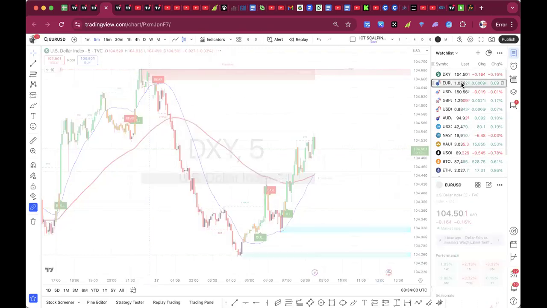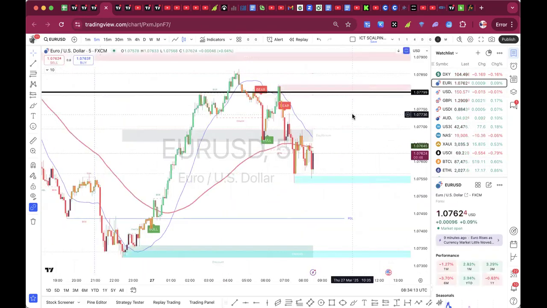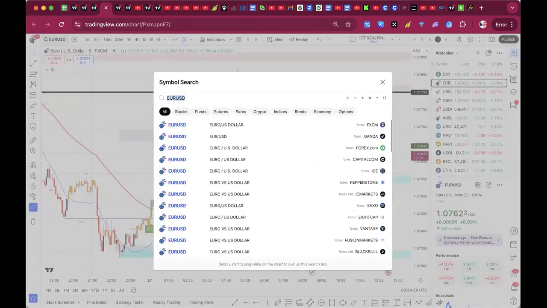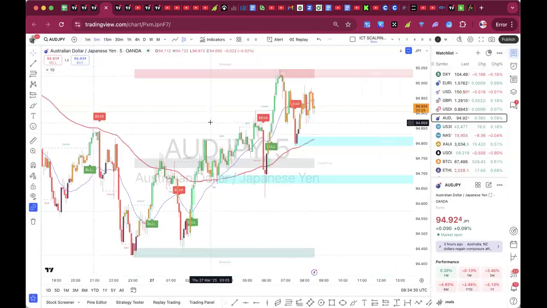So let me take a currency to do that. This is Euro USD. I think I was checking AUD the other time. So let me look at AUD. All right, so here is AUD.